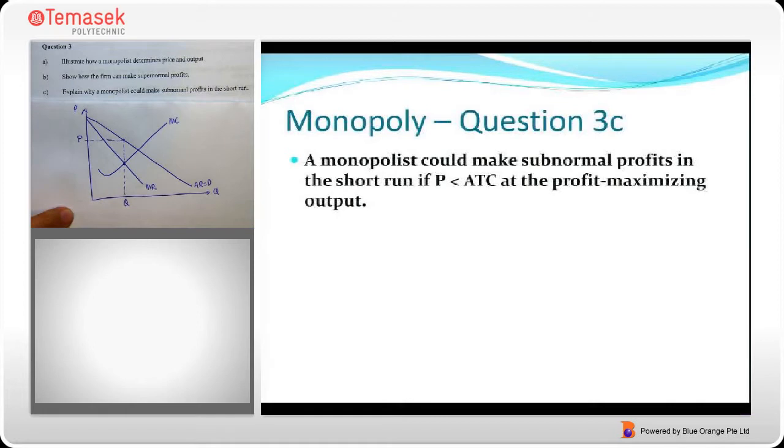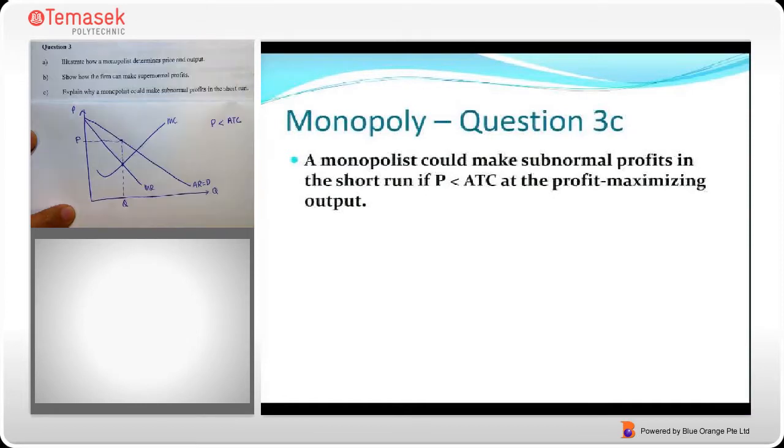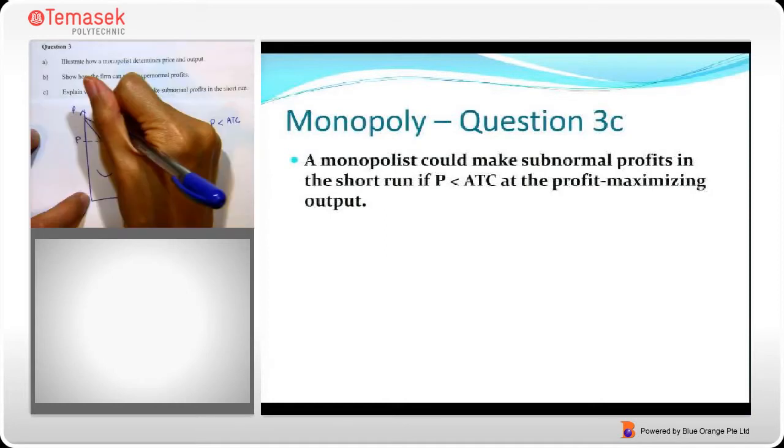And in this case, you want subnormal profits. So subnormal profits is where price is less than ATC, and so our ATC needs to be greater than price, so it needs to be higher. So let's draw our ATC higher.